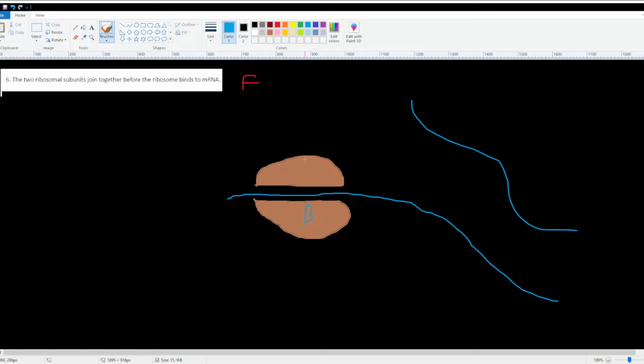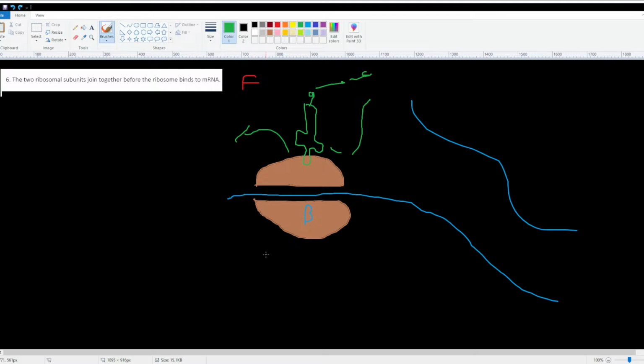Then we have the tRNAs, with the amino acid, right? And they come in, and they go out, and they're making a polypeptide chain. That's translation, right?